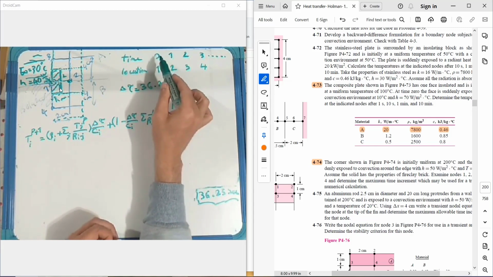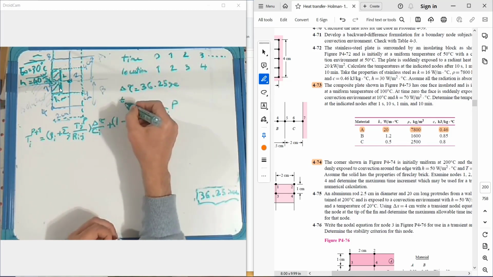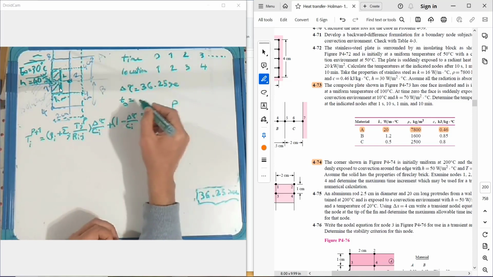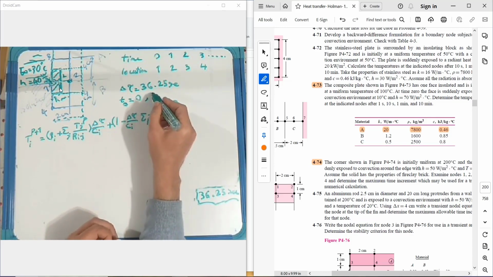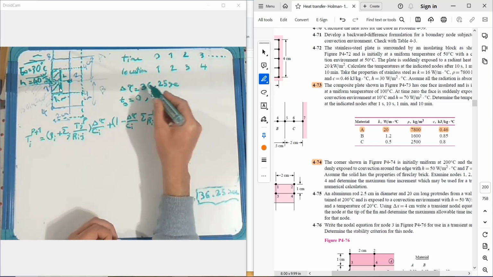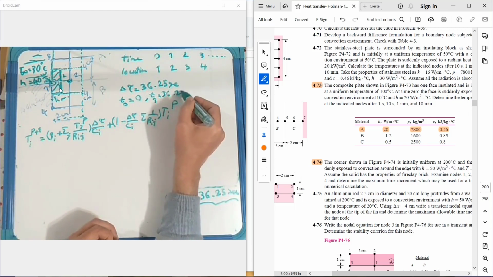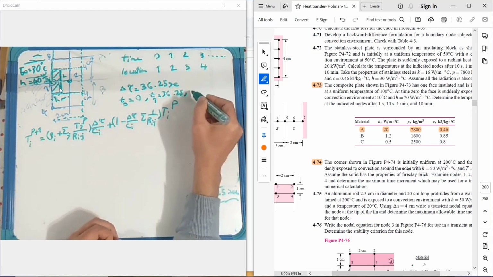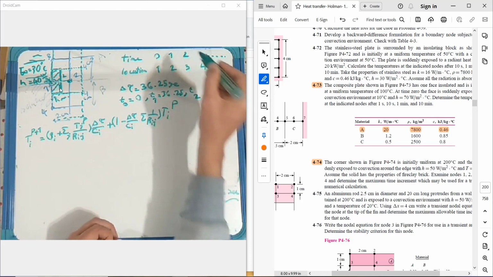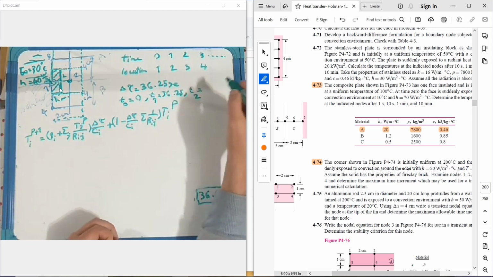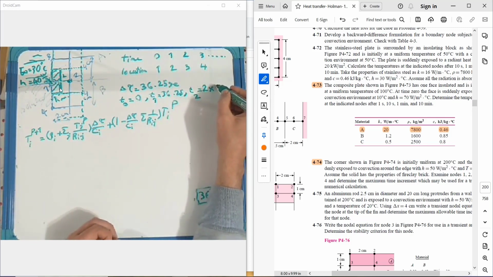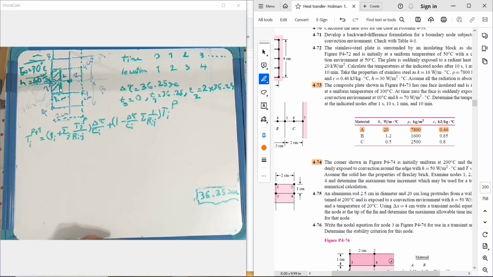So at t0, the time is 0. At t1, the time is 36.25. At t2, the time is 2 multiplied by 36.25, and so on.